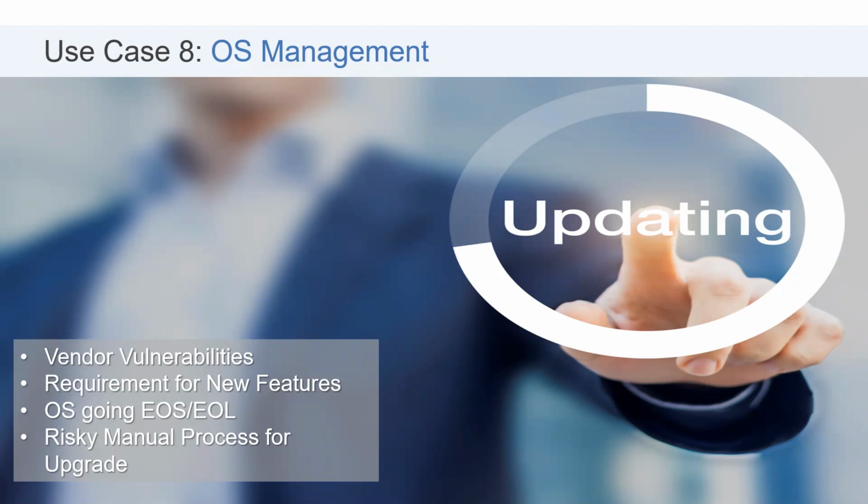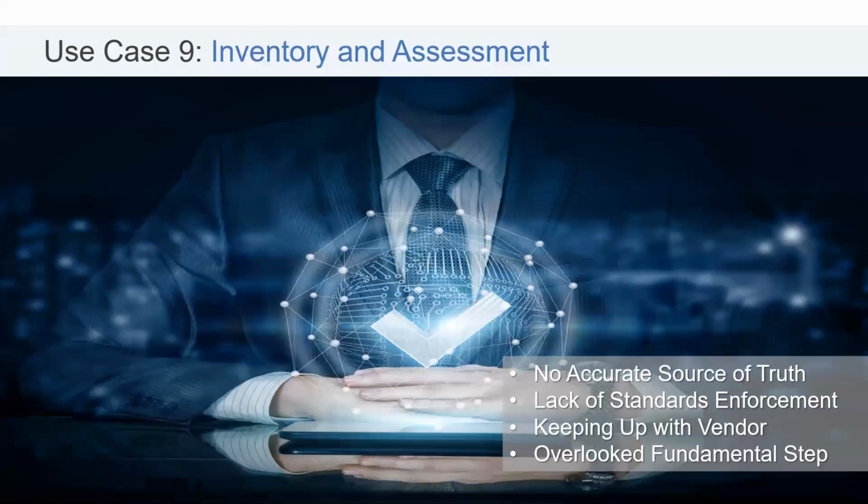So sometimes you have to be at a minimum level of operating system to enable new features. You have operating systems going end of life or end of sale, which are end of support. Therefore, they won't be supported by the vendors. There's no fixing of bugs or patches. So those have to be done. And overall, it's a risky process. So again, Gluware is able to help address this in many ways through the OS Manager app.